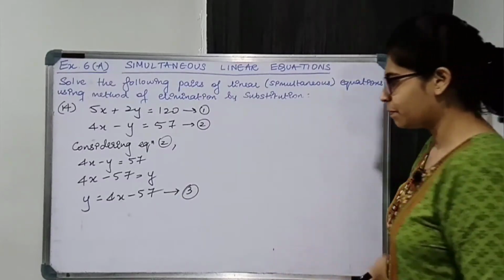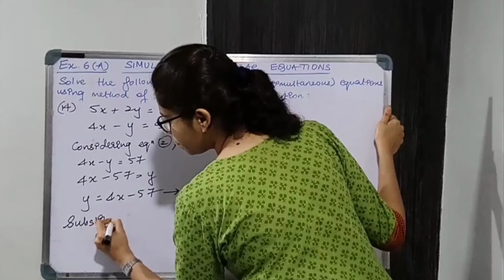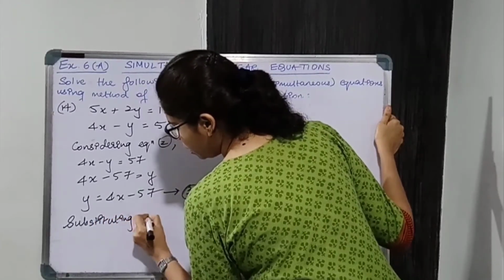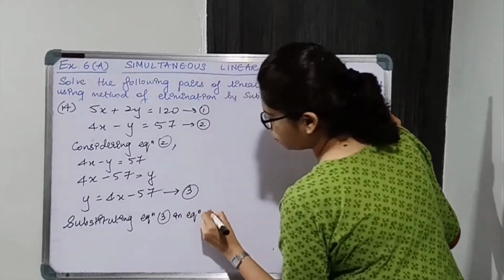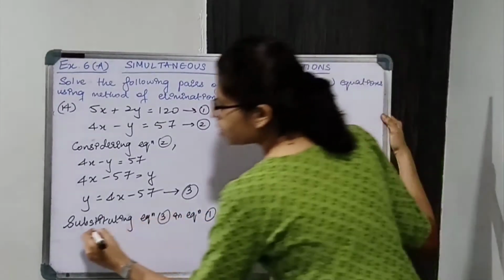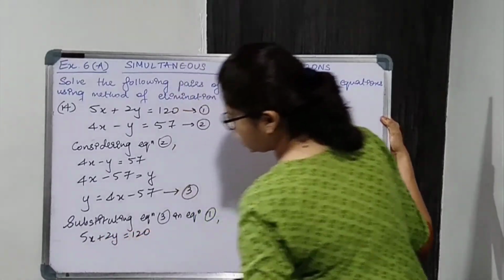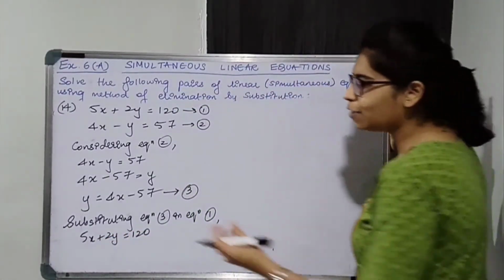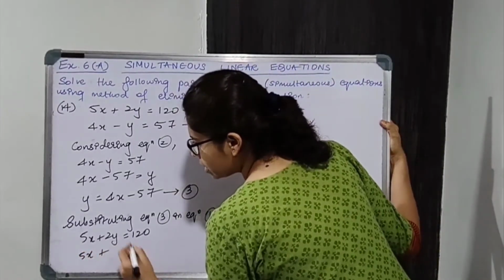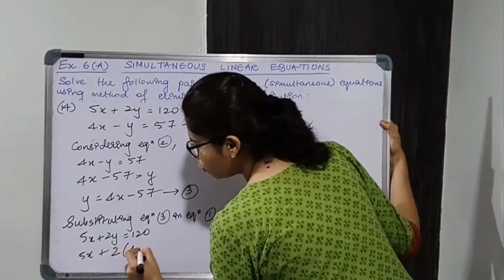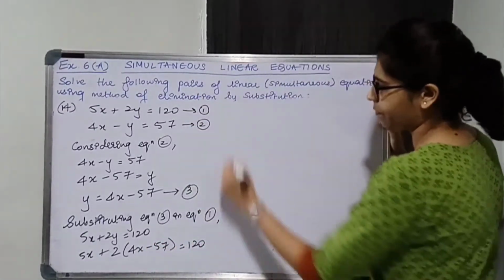Okay, so substituting equation 3 in equation 1. So 1 is 5x plus 2y equals to 120. In place of y, we'll substitute this. So 5x plus 2 into y is 4x minus 57 is equal to 120.